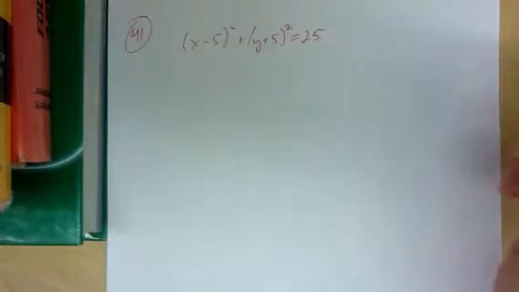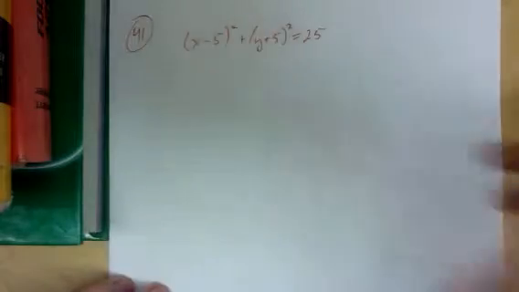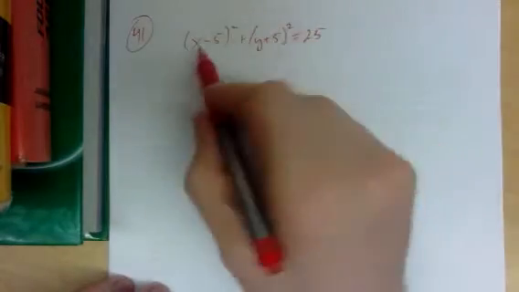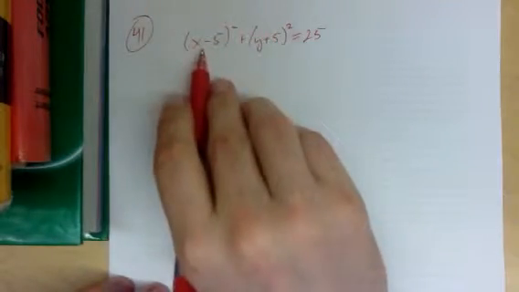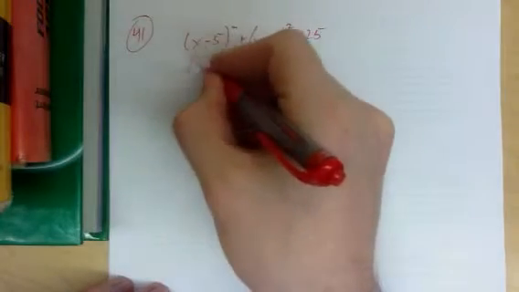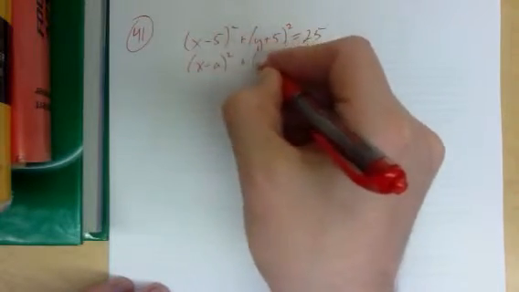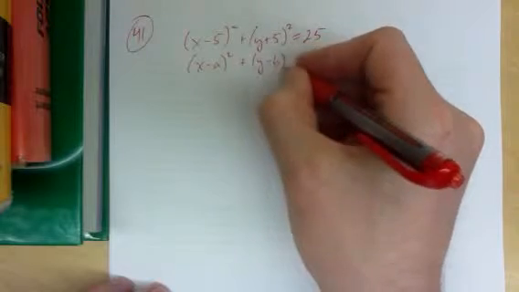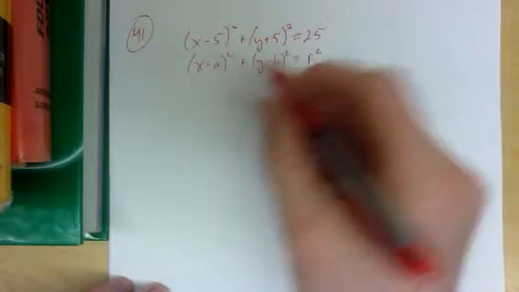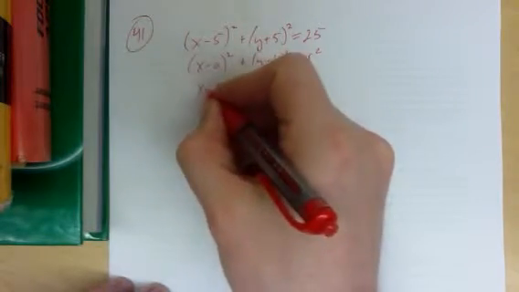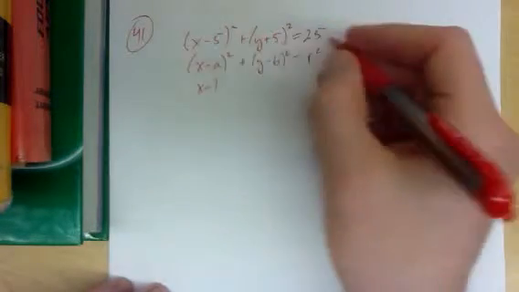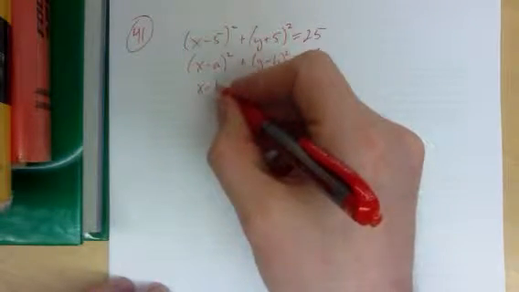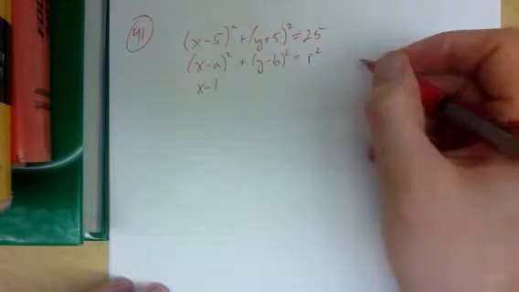So if you remember the circle in terms of the center of the circle and the origin, you have (x - a)² + (y - b)² = r², or sometimes it's (x - h)² + (y - k)², and so on.